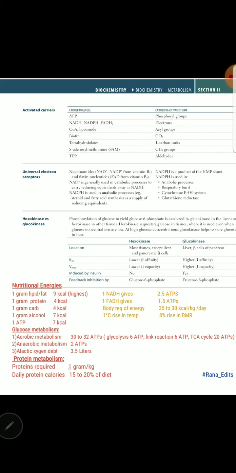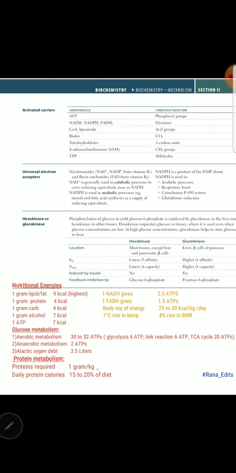The protein metabolism related question. Proteins required for daily are 1 gram per kg of body weight, so roughly 70 gram for one person. And daily protein calories should be 15 to 20% of the diet. Maximum is of the carbs in 40s, then of the lipids in 30s, and then of this protein.